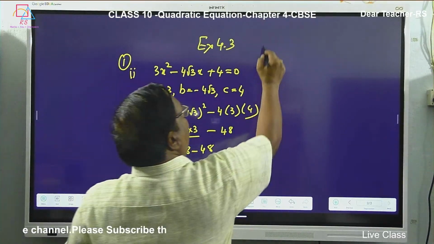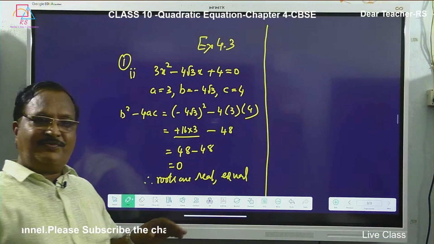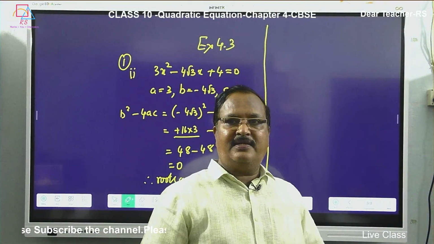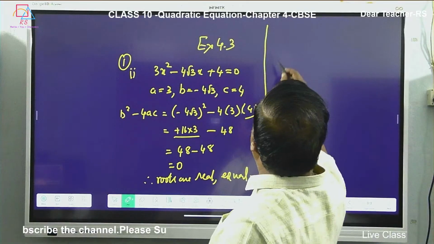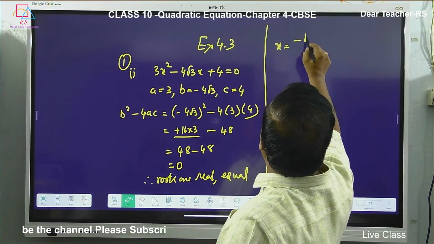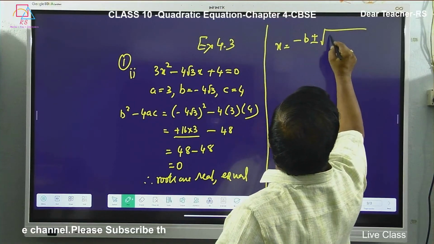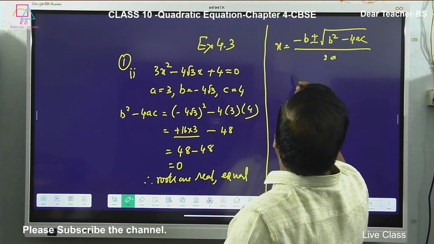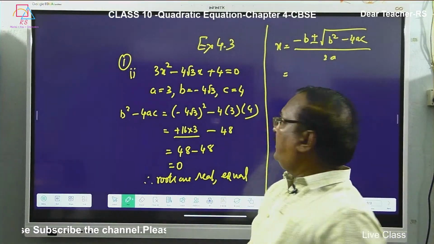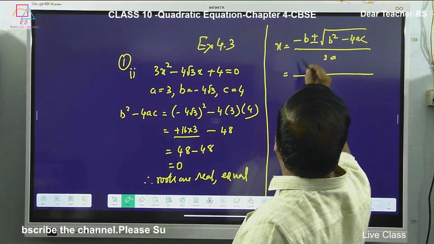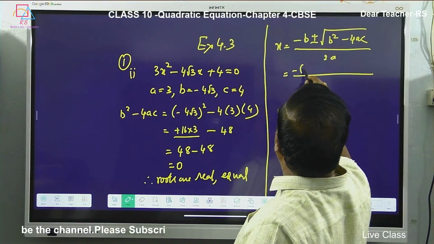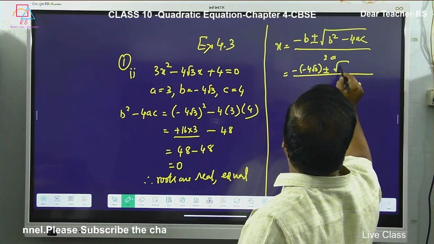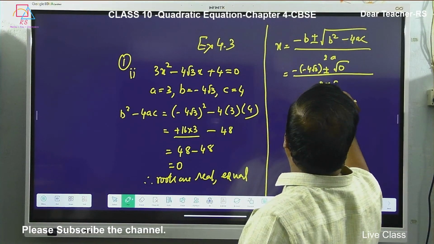So then what you have to do? You have to find the roots because roots are real. If the case is real, you have to find the roots. I will apply the formula here. x is equal to minus b plus or minus square root of b square minus 4ac by 2a. Now substitute the values. Minus b, b is minus 4 root 3, plus or minus square root of b square minus 4ac, which is 0, by 2 into a, a is 3.